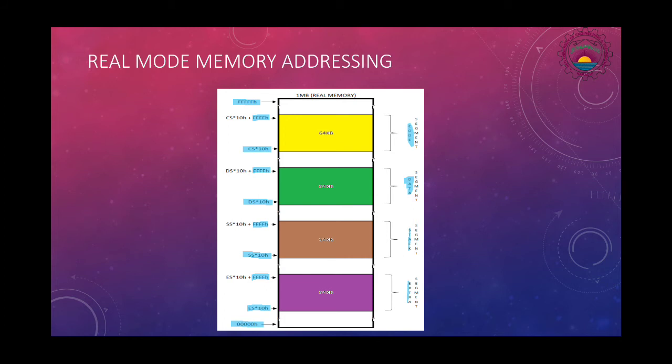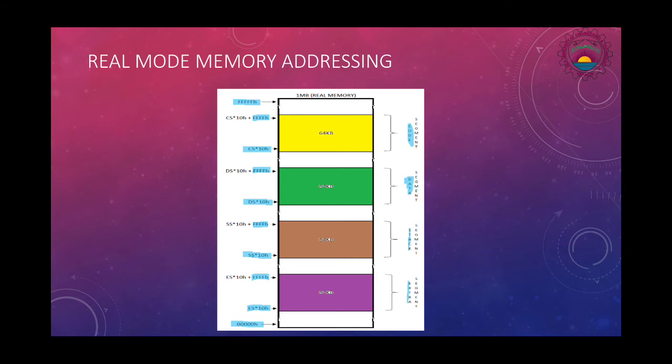Now we have to discuss another concept, relocation. Within 1 megabyte memory, if you calculate the total number of segments possible, it is 16.